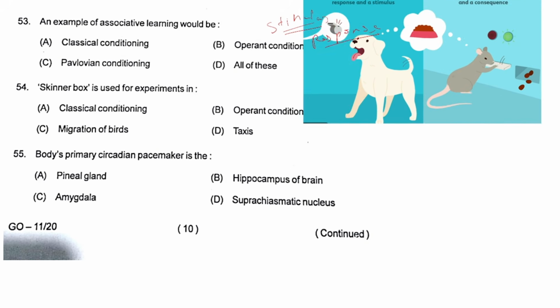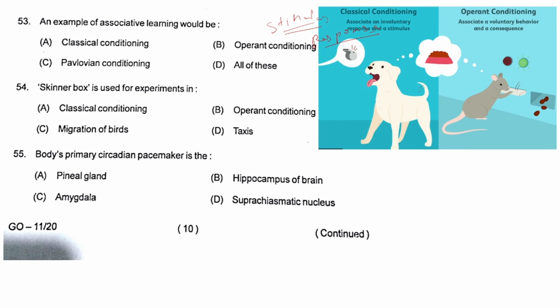Two main experiments were performed that you need to remember. First is classical conditioning and the second is operant conditioning. What is classical conditioning? You must remember the dog and bell experiment performed by Pavlov. In this, the stimulus was the bell sound, and the response was the dog started salivating upon hearing the sound of the bell. So stimulus and response is there. Classical conditioning is a case of associative learning.